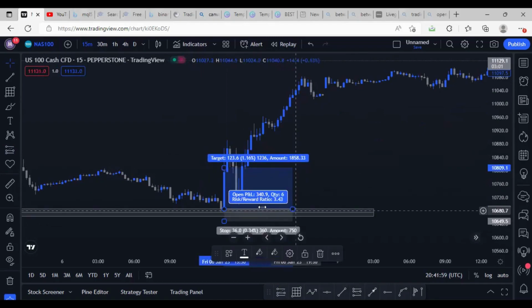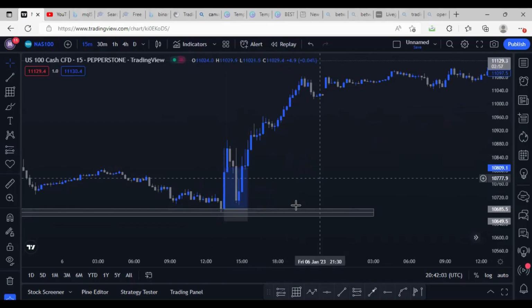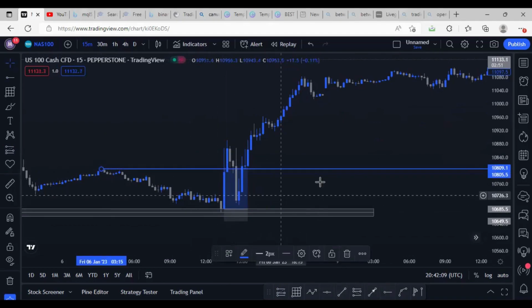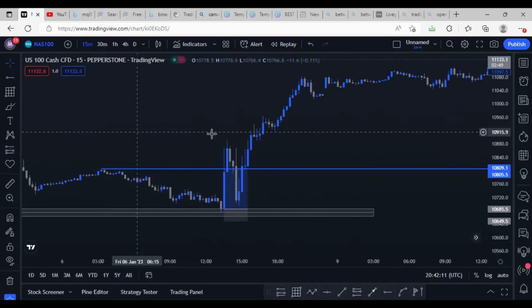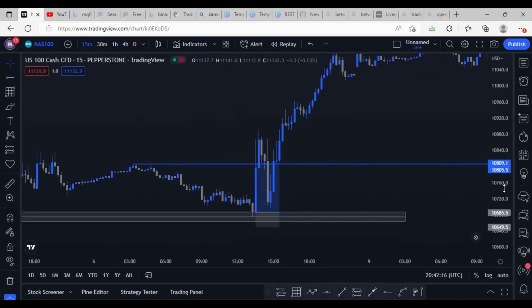Before we took profit, we made sure that we entered our trade before the actual news, before the actual non-farm payroll. I would advise you to do the same.